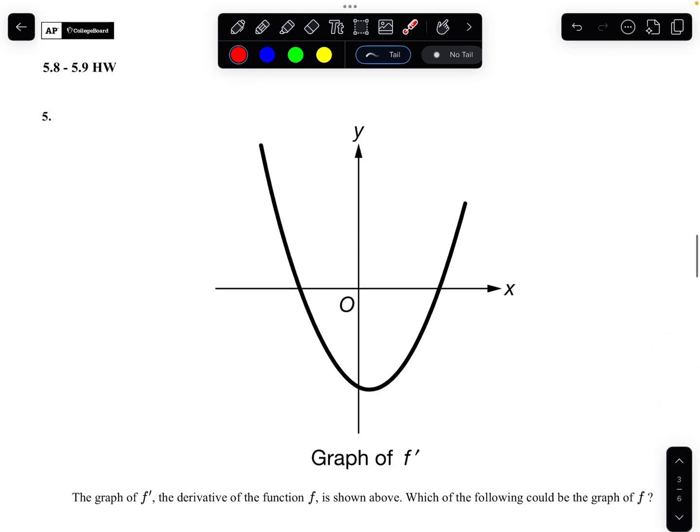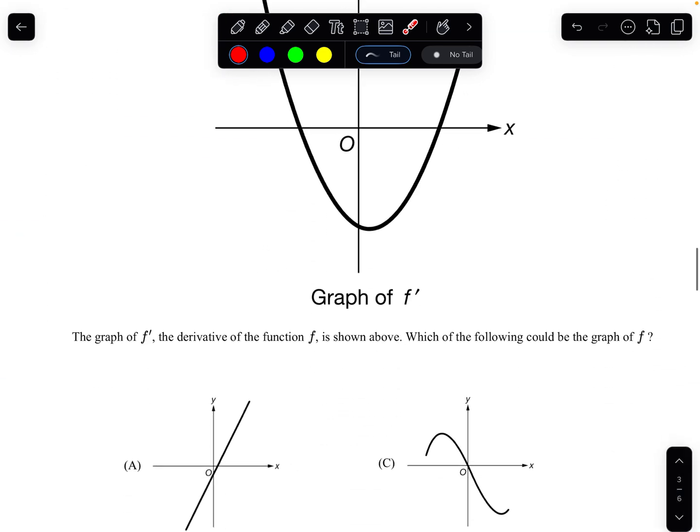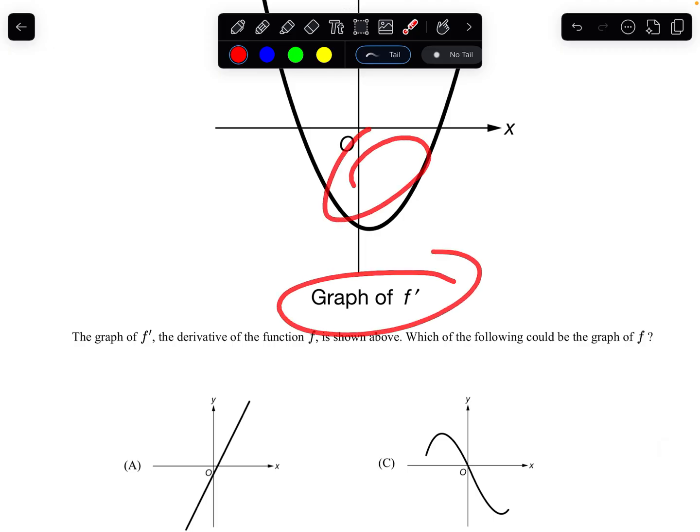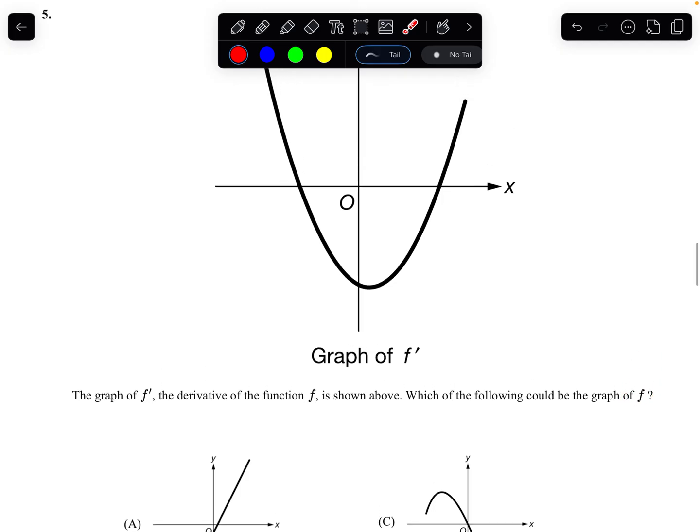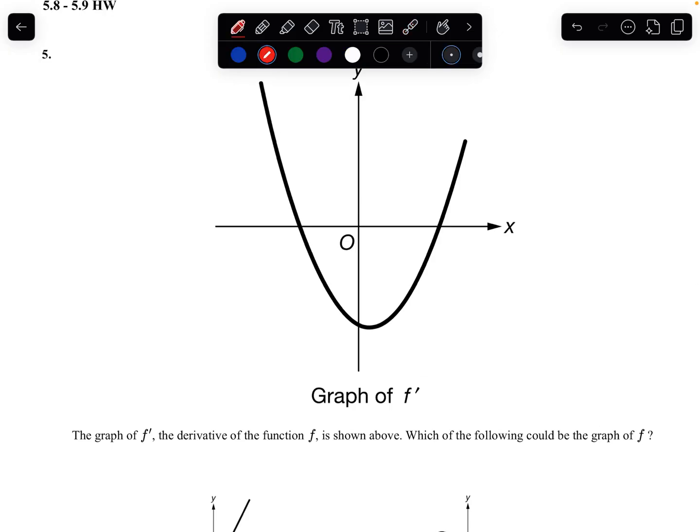All right, for 5, the graph of f prime, the derivative of f, is shown in the graph. So this is f prime. Which of the following could be the graph of f? So if it's f prime, let's think about this right here.